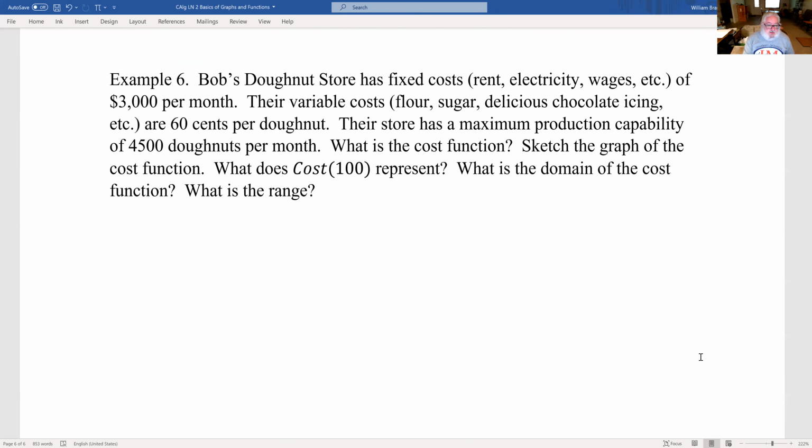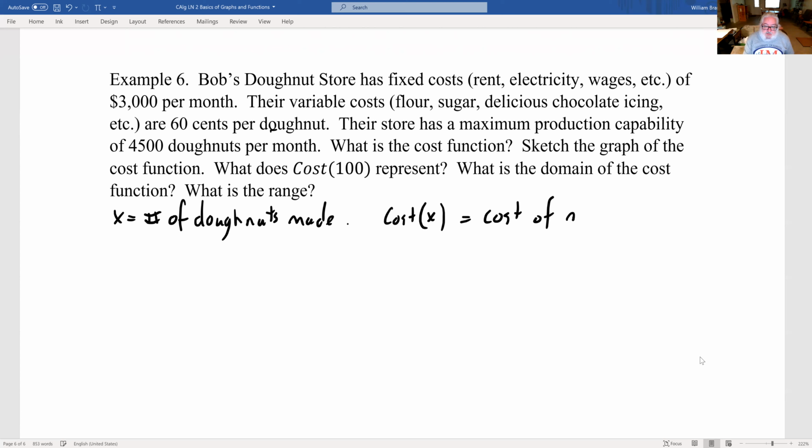Okay, so the cost function: we don't have any variables, so we have to name these things. And everything depends on how many donuts you make. So we'll start by saying x equals number of donuts made, and then cost of x is the function we're looking for, the cost of making x donuts.